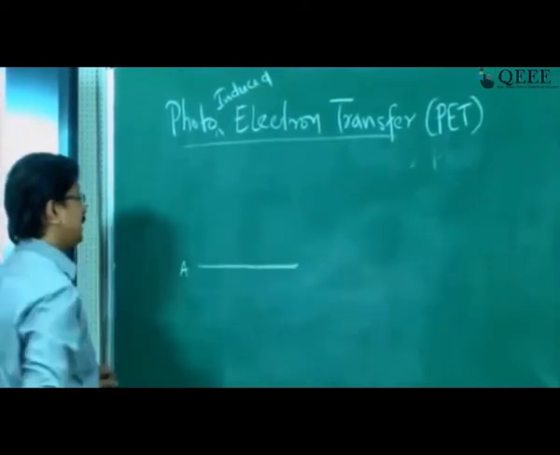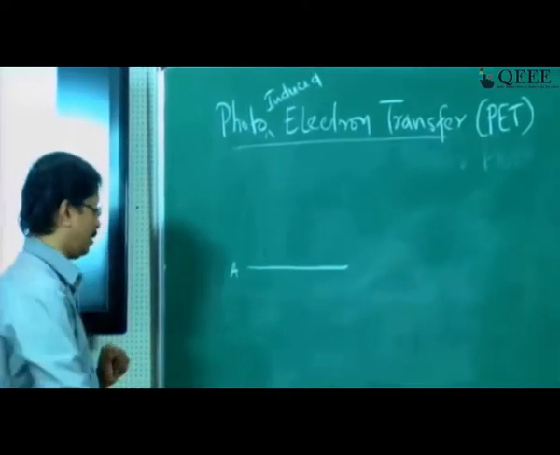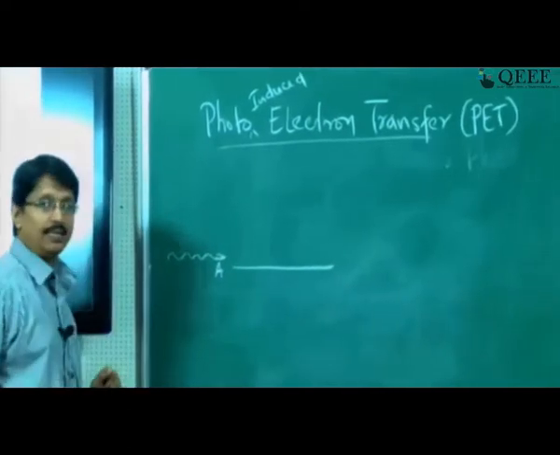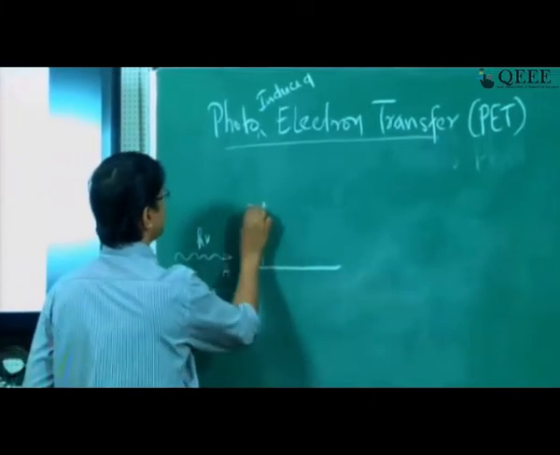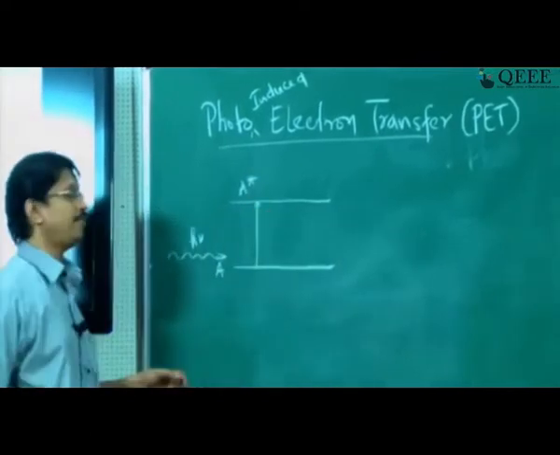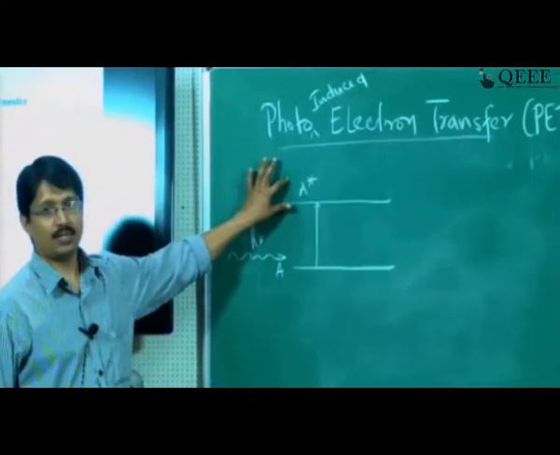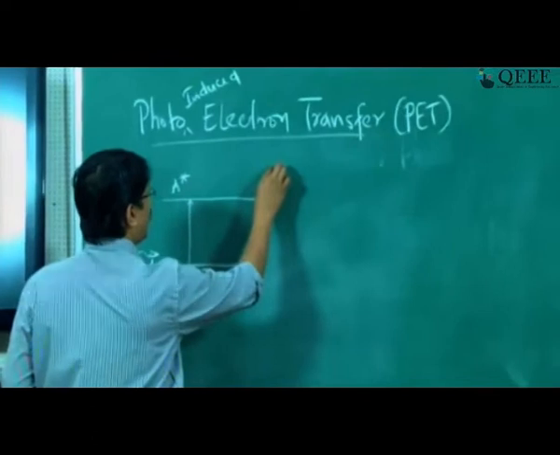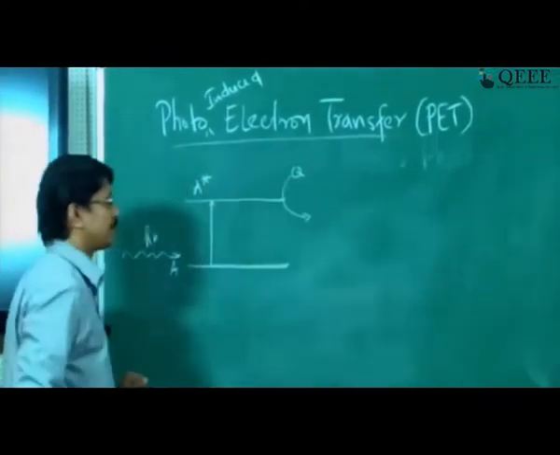Assume that this is the ground state, the molecule is in the ground state, and you shine light; light energy is absorbed by the molecule. What is the excited state? This is A star. Normally in photophysics, A star denotes a molecular system with high energy, in this case electronic energy. Now another molecule, a quencher, let us say Q, comes and interacts.